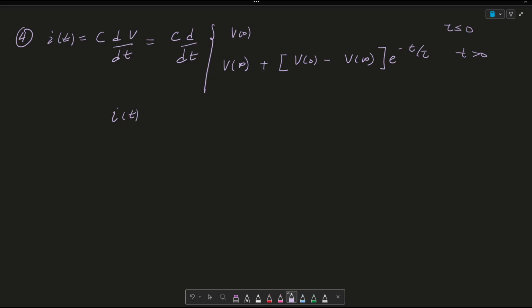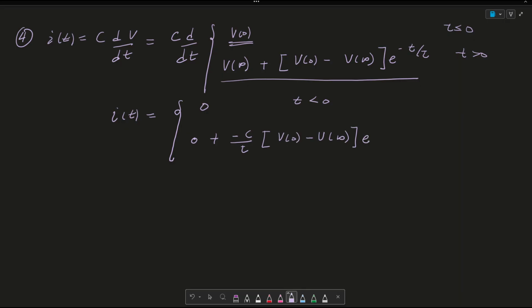So then I of t becomes, the derivative of a constant is simply 0 for t less than 0. And then the derivative of this function here is going to be 0 plus minus C over tau times V0 minus V infinity e to the minus t over tau for t greater than 0. This is less than or equal to. So what we can do is notice that if we distribute the negative symbol, this becomes minus and this becomes plus.